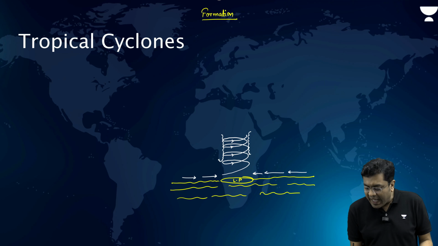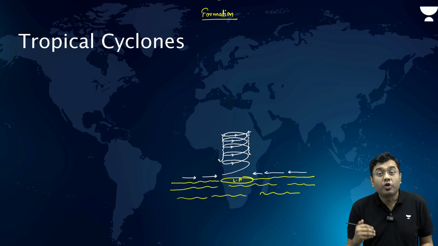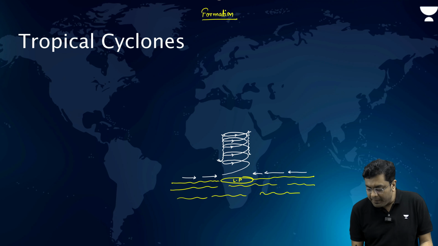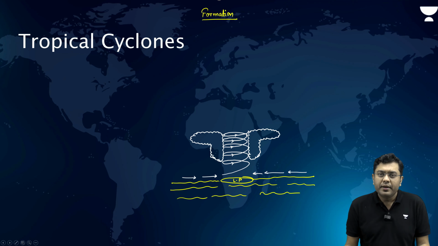So as the winds rise up, they will cool down and create condensation, leading to the formation of dense clouds, cumulonimbus clouds. Now these clouds will be formed all around the sides where the wind is rising up because of the path of the winds.